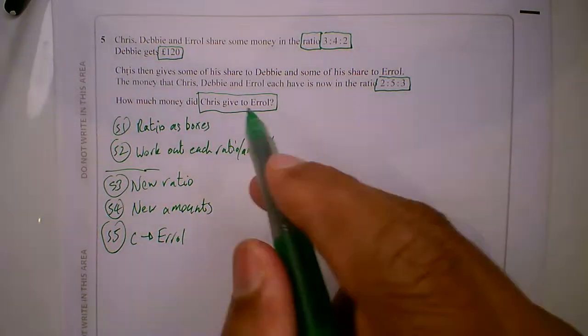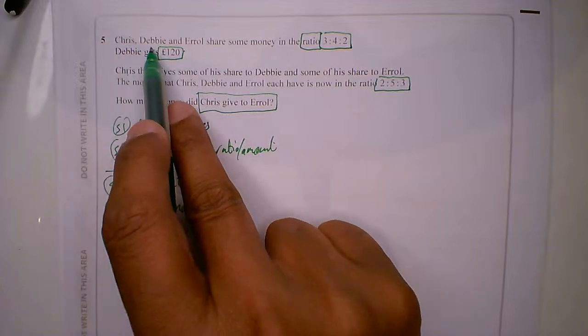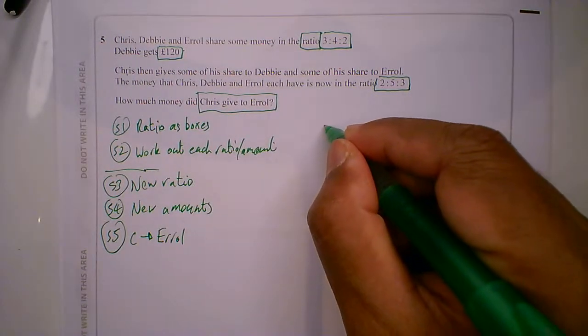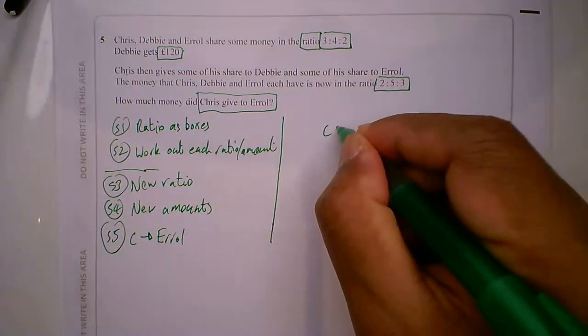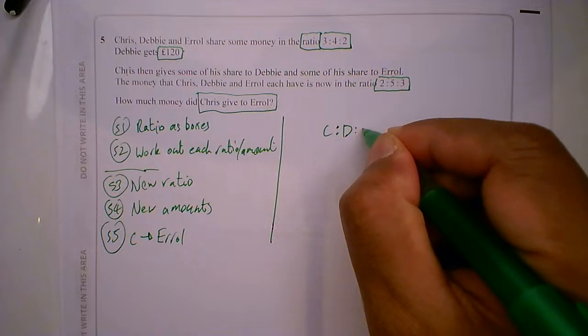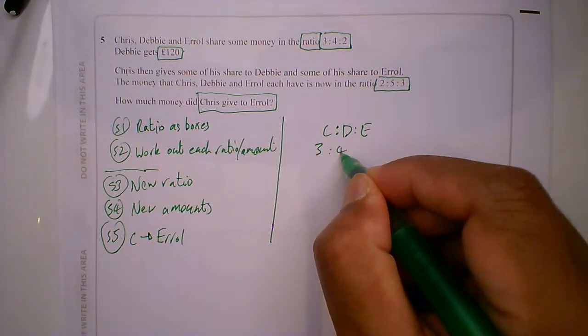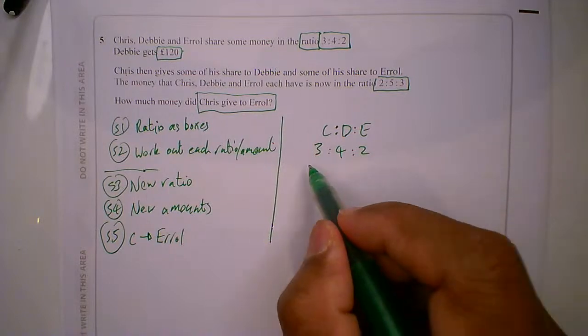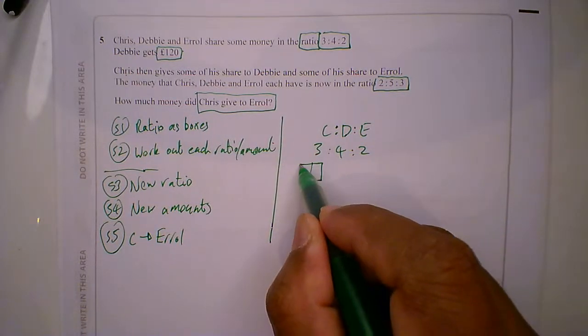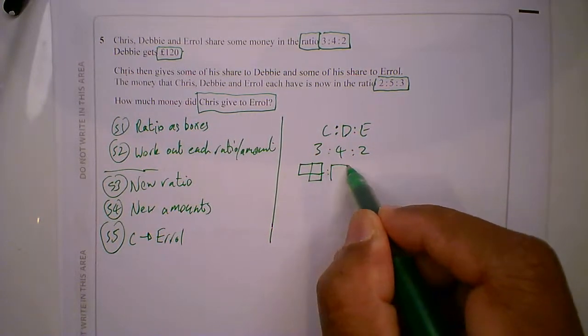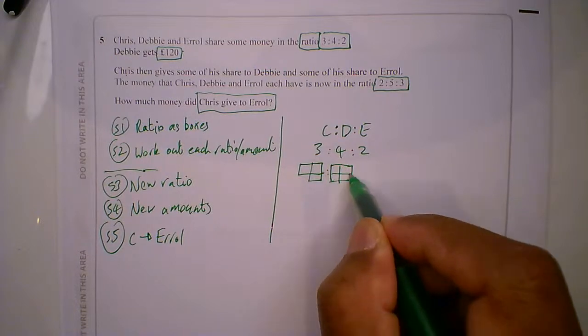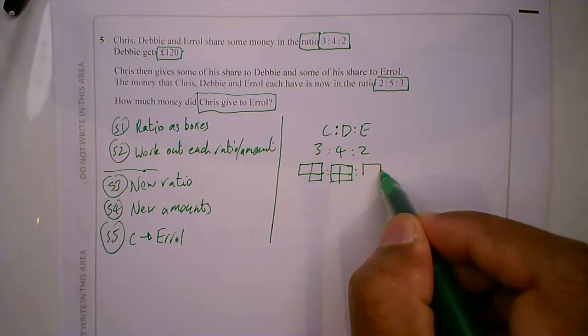Okay, so we've got Chris, Debbie, Errol, CDE. CDE is 3 to 4 to 2. 3 boxes, 4 boxes, and then 2 boxes.